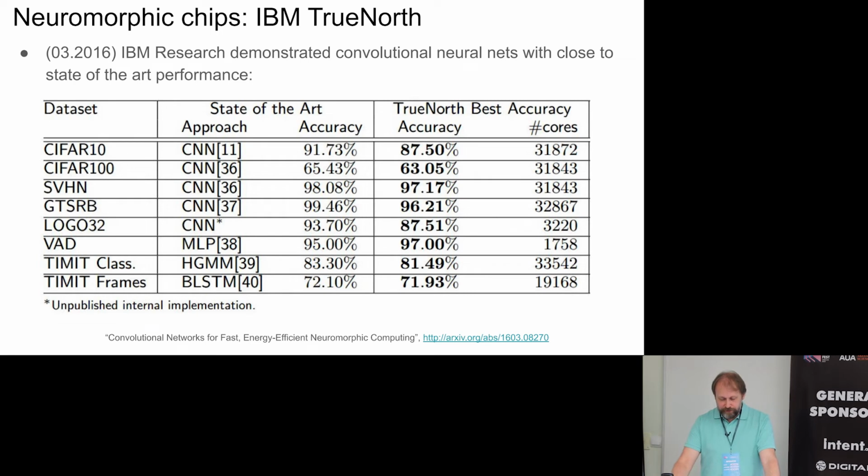IBM tried to convert some of the typical common deep learning networks into these spiking neural networks. Their approach was pretty successful. These spiking neural networks on this hardware work pretty well. You can achieve meaningful results with a much smaller amount of power, and that's interesting.